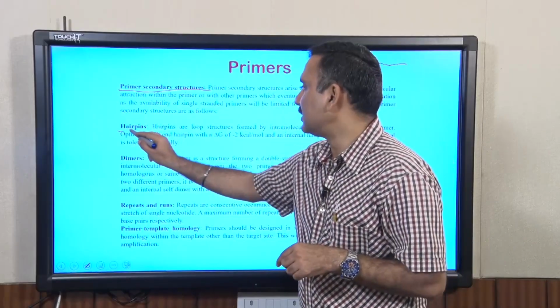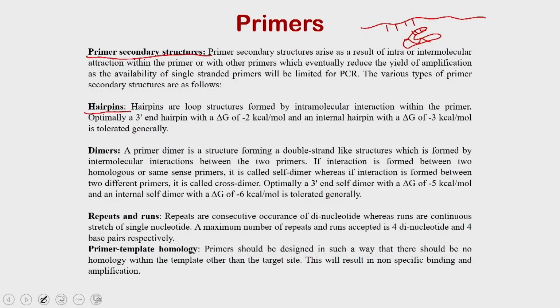One of the classical secondary structures is called the hairpin. A hairpin is like a loop kind of structure where one of the strands will flip and give you intramolecular interactions within one primer or between two primers, and an internal hairpin is not going to be a problem if you have a delta G of -2 kilocalorie or -3 kilocalorie.